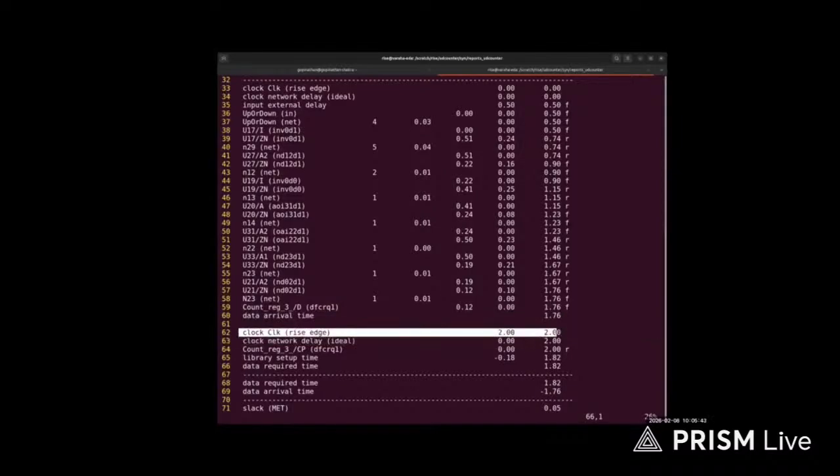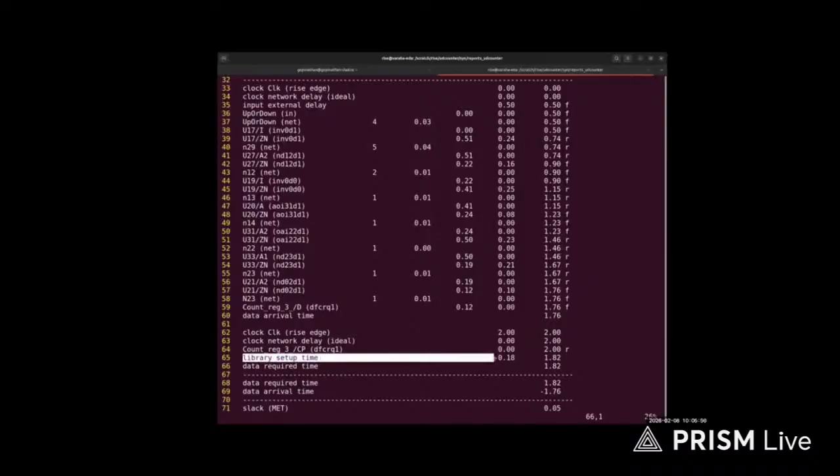In this 2 nanosecond, 1.76 nanosecond is consumed by the entire path. And there is a minimal library setup time, which is a default thing, of 0.18.